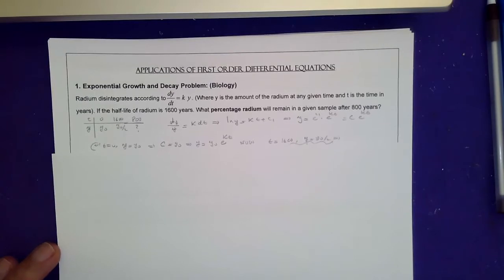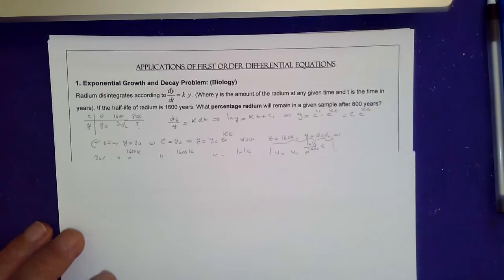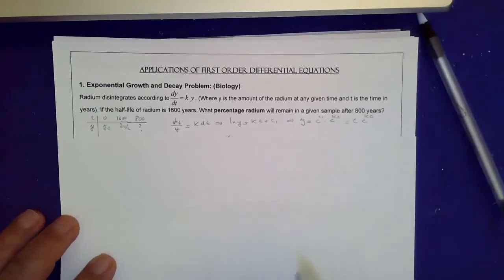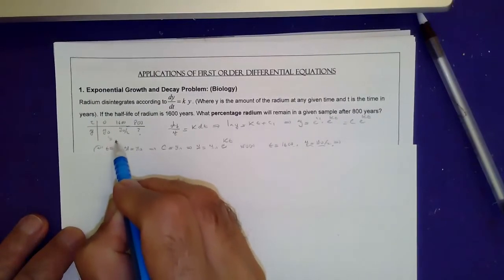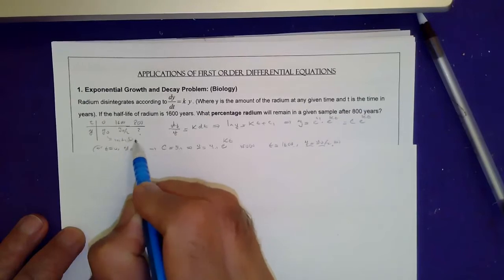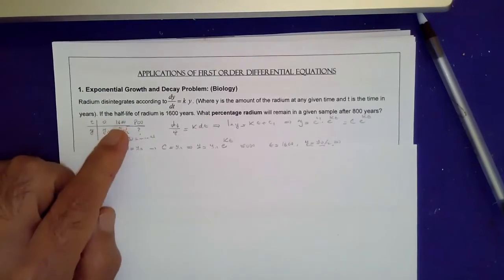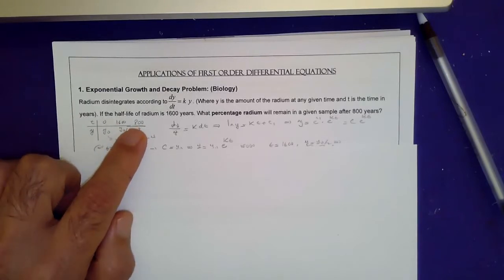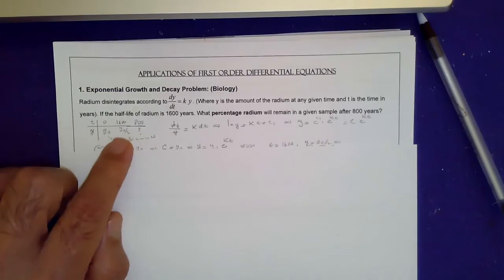So if we let y sub 0 represent the initial amount of the radium at time 0, then 1600 years later, half of it is left. So the question is, after 800 years, what percentage of this initial amount will be left?